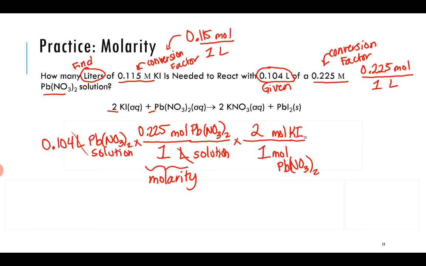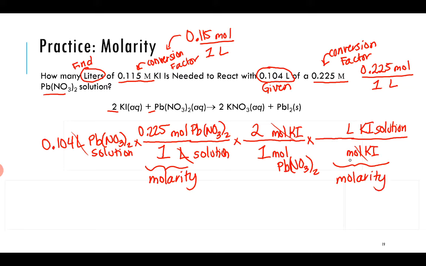Remember, 1 coefficients are not written. Now I need to cancel out my moles of potassium iodide so that those cancel out, and then I'll be left with my liters of potassium iodide solution. That's my molarity again, only now it's my molarity of the other compound.